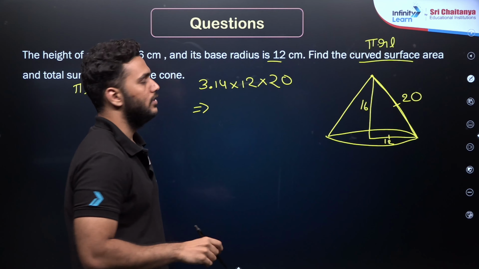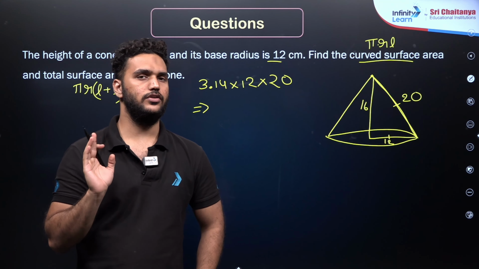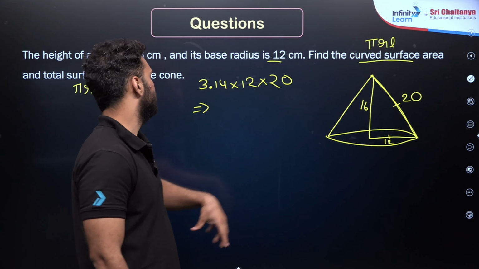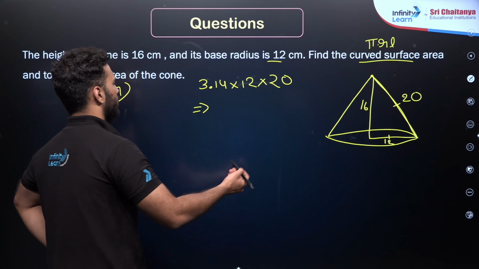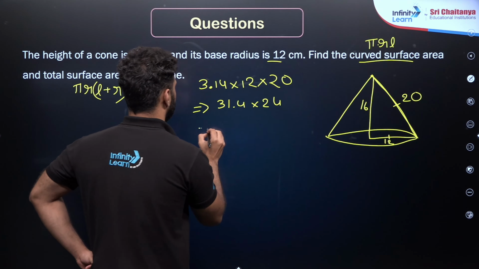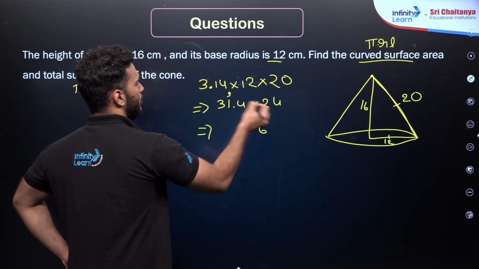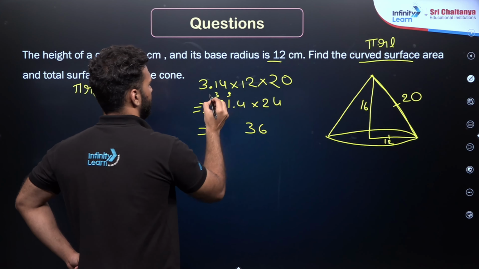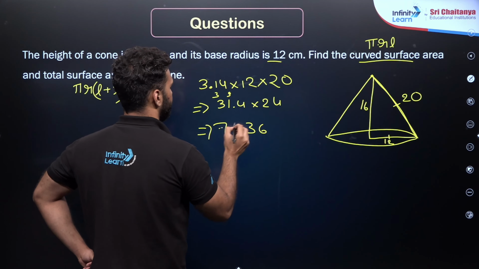Okay, see, if it is given in the question, you can use 22/7. If it is not given, take 3.14. Okay, so if I do simplification, the table of 24 would be easy. 24 4s are 96. 24 1s are 24 plus 9, 33. 24 3s are 72. 72 plus 3, 75.